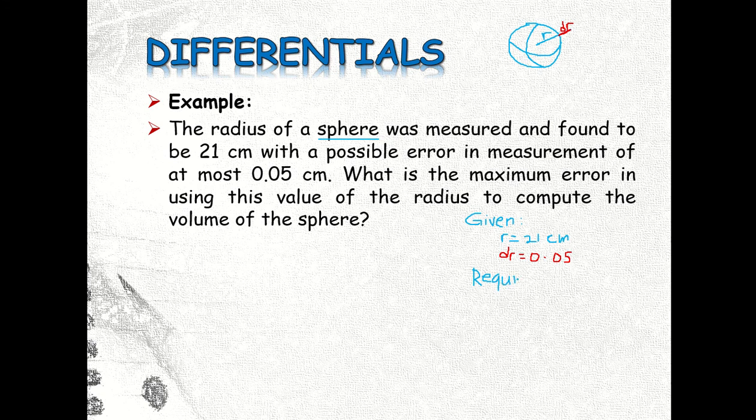What does maximum error mean? It mentioned the volume. So we have the exact value of r, and there's an error, which is our dr. We talk of maximum error in using this value to compute the volume of the sphere. So it means the error of the volume, or the dv. This is what is being asked in the problem.